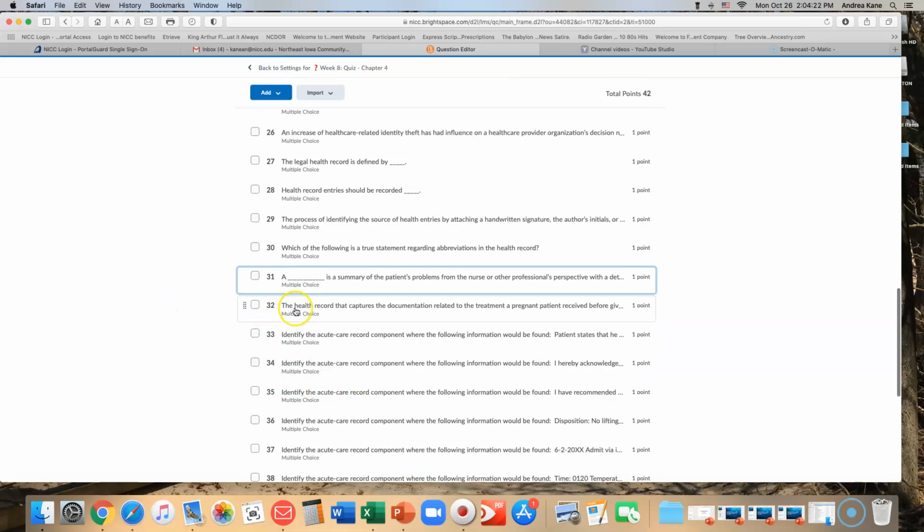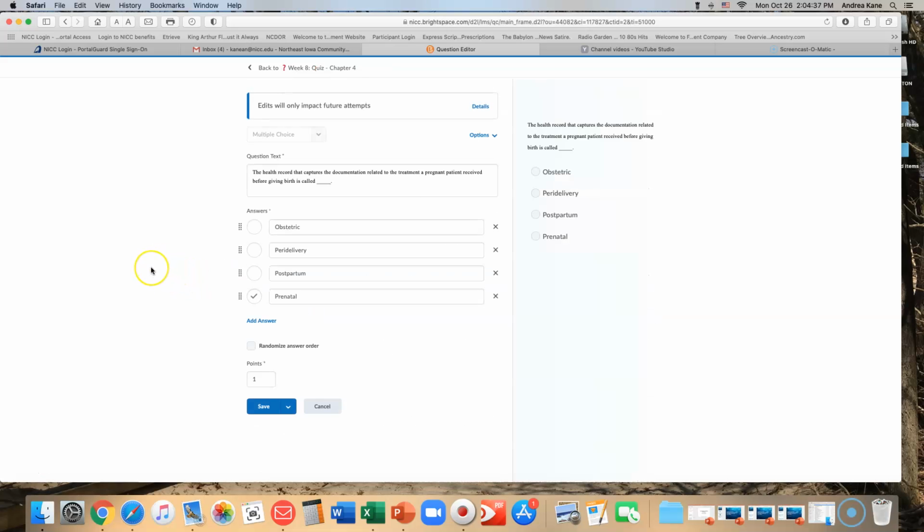Okay, so next one. Number 40. The health record that captures the documentation related to treatment a pregnant patient received before giving birth. Okay, this one is going to take you back to your medical terminology days.